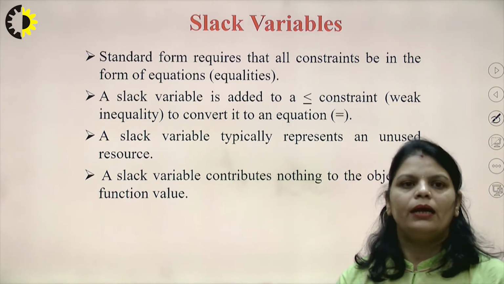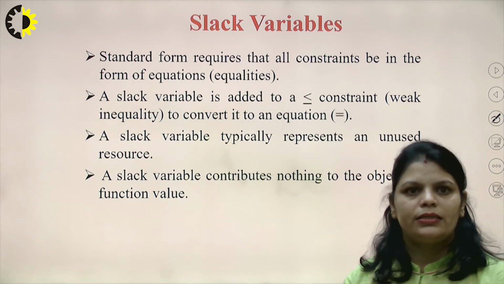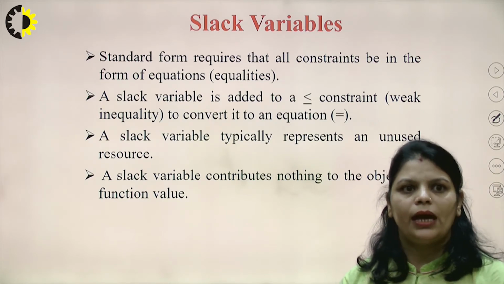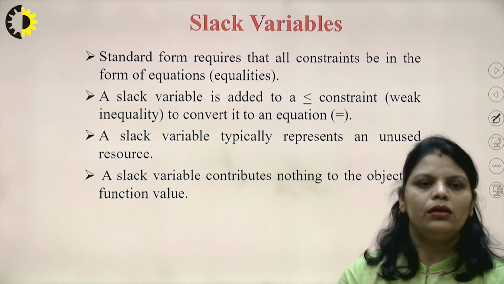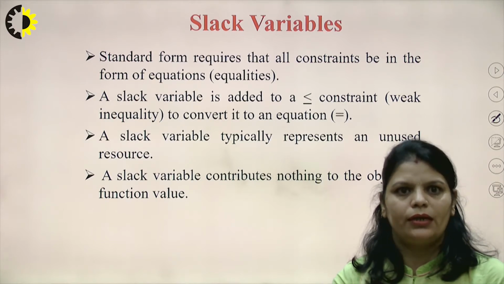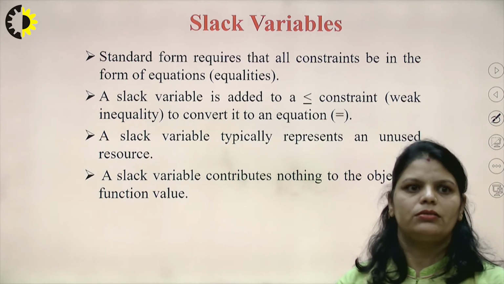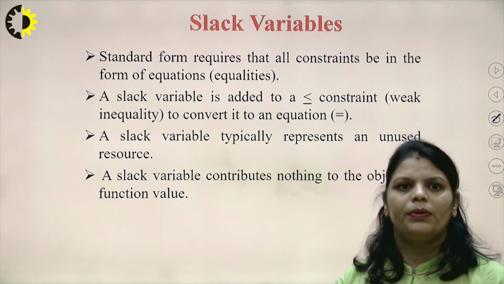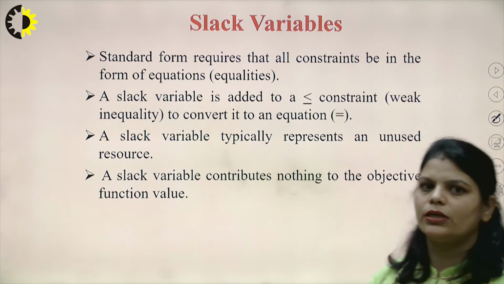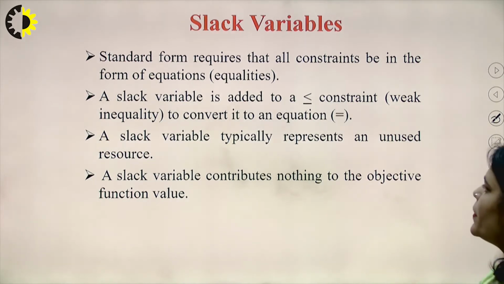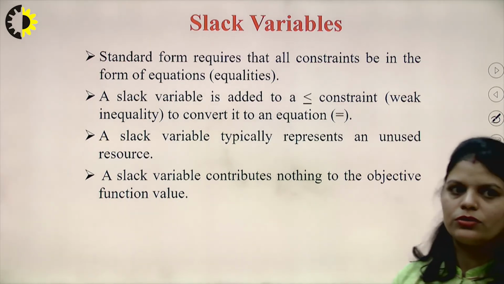Clear? And if we have the less than or equal to sign, then we have to add the variable to the left hand side. Clear? Because it is showing the weak inequalities. So a slack variable typically represents an unused resource. Clear? And a slack variable contributes nothing to the objective function.